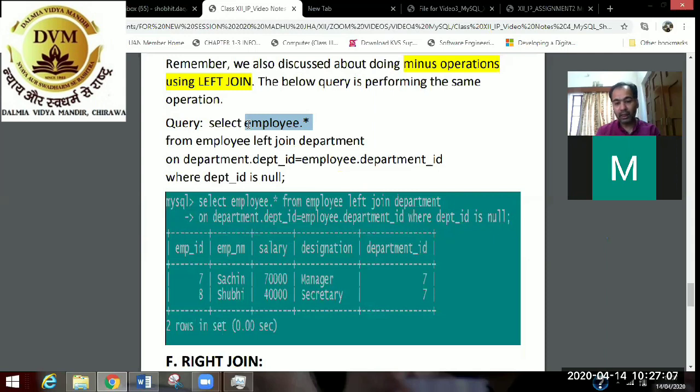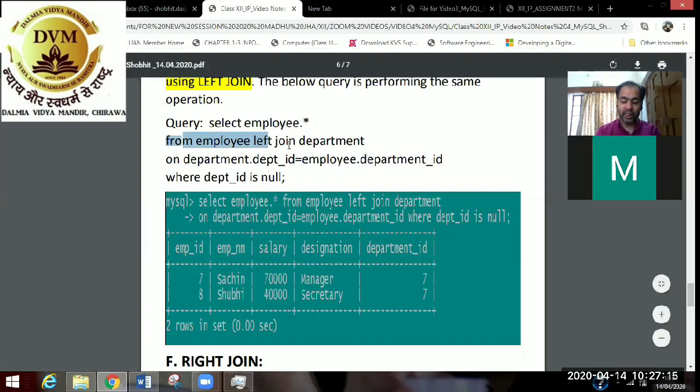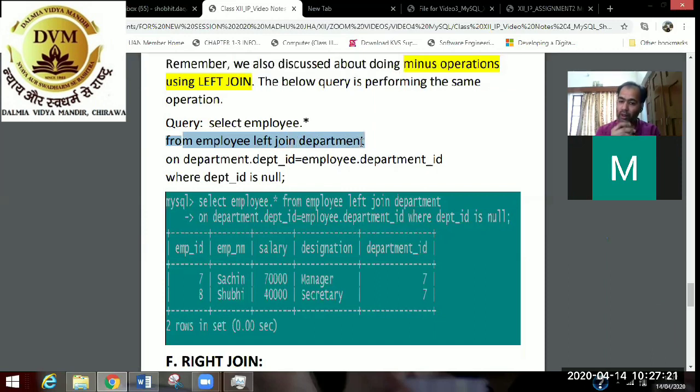None of the columns from the department table will be shown as they have not been mentioned in the select portion. In the from clause, you have written employee left join department. So we have performed a left join of employee on the department table. The condition on which the join has been performed is the matching column DPT ID and department ID.